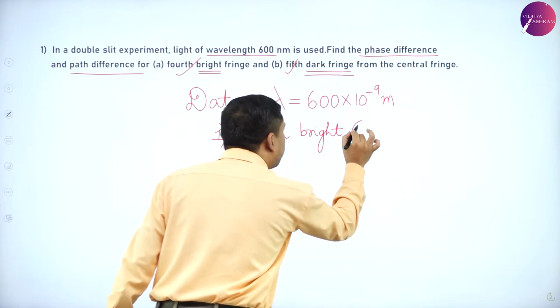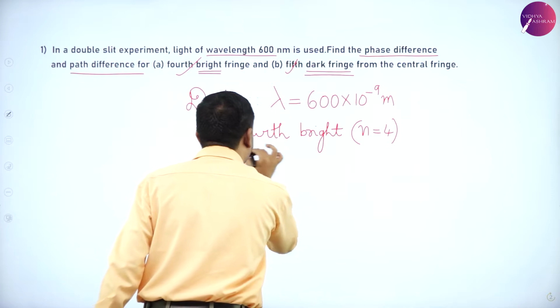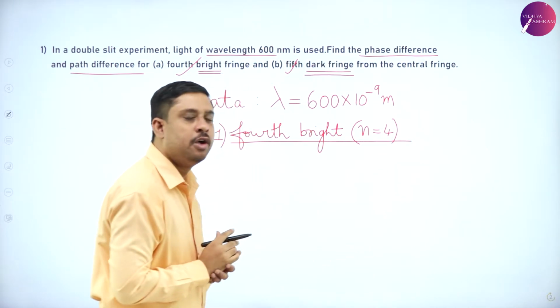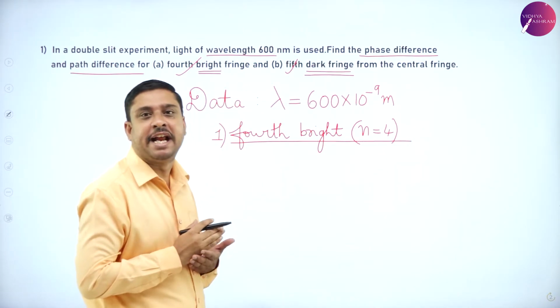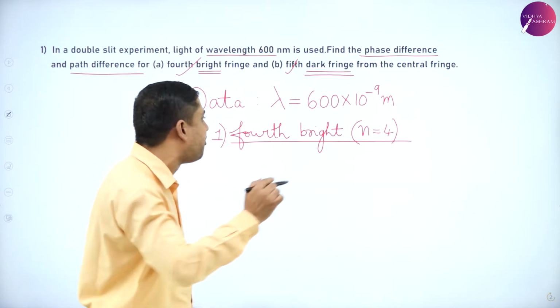So please note here, n is equal to 4. So it is a bright fringe. So n is equal to 4.